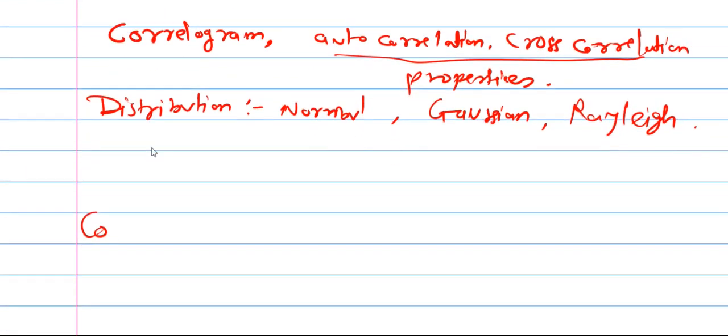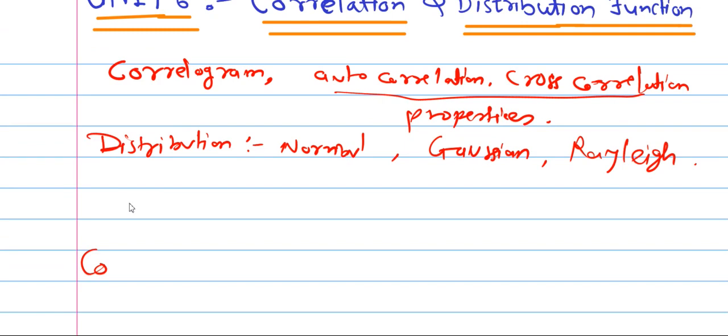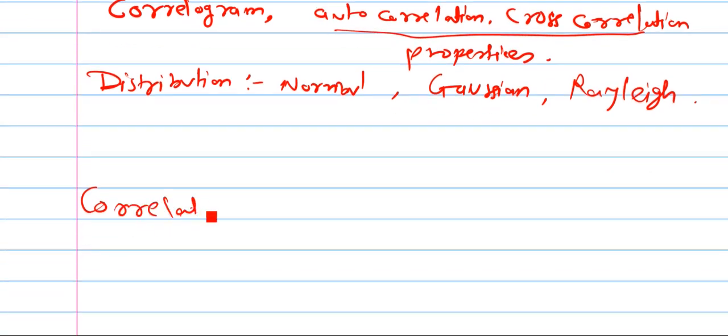So correlogram, or before that we will see what is correlation. The meaning of correlation is: co means two and relation means some sort of relationship. So if one signal changes, then how the other signal will change, that is indicated by the correlation.